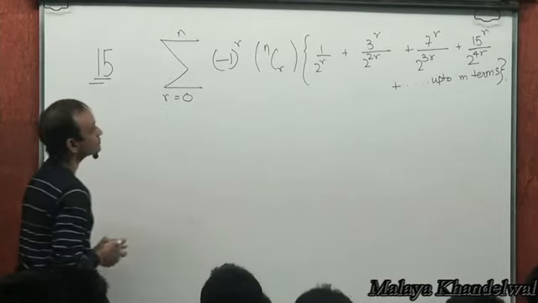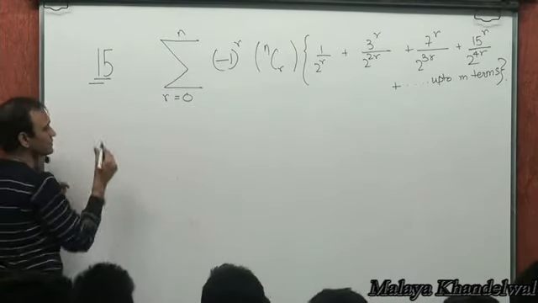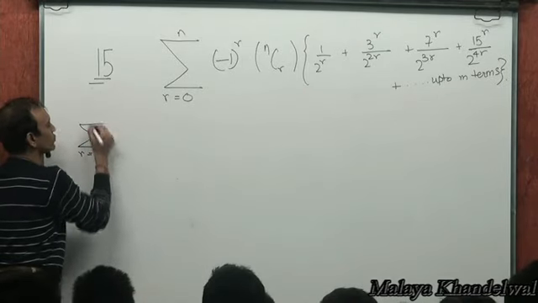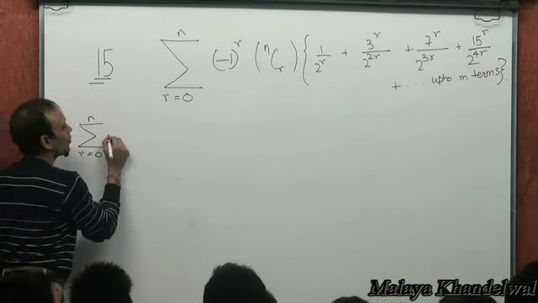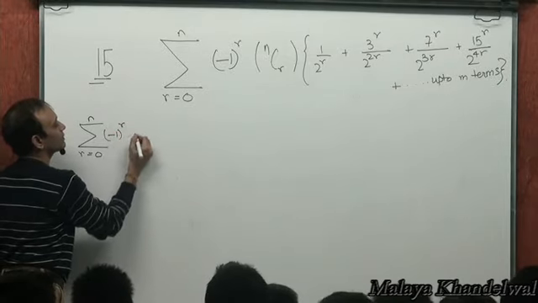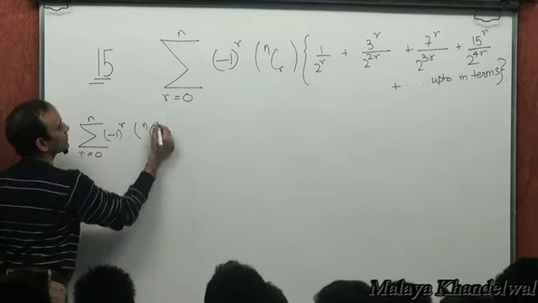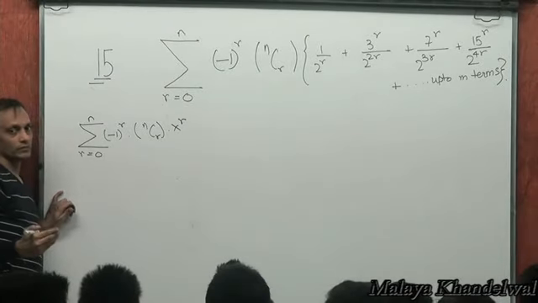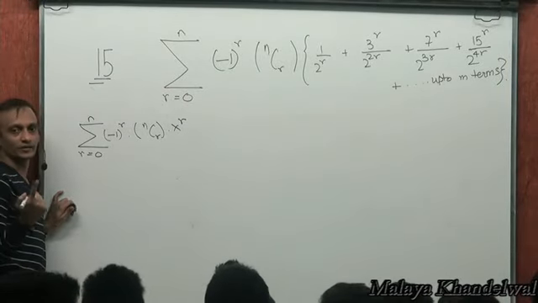Now, if I said summation r equal to 0 to n, minus 1 to power r, NCR x power r, what is this going to be? 1 minus x power n. Do you realize that?